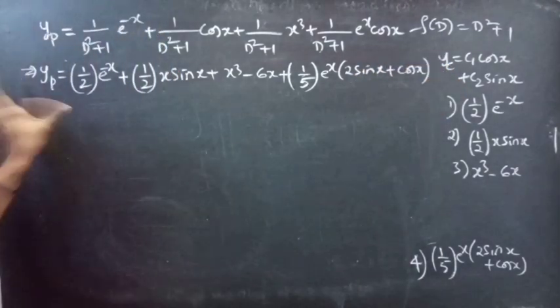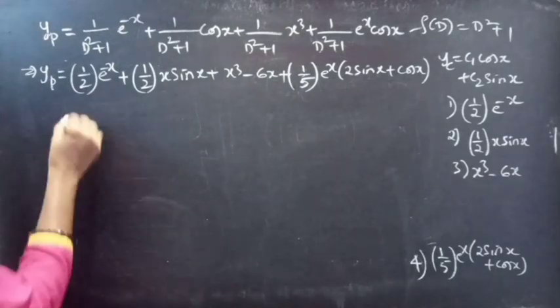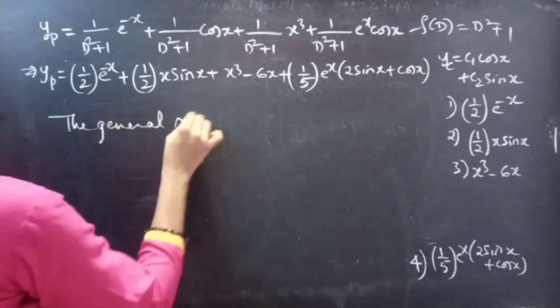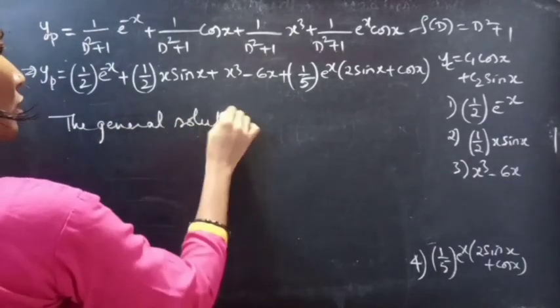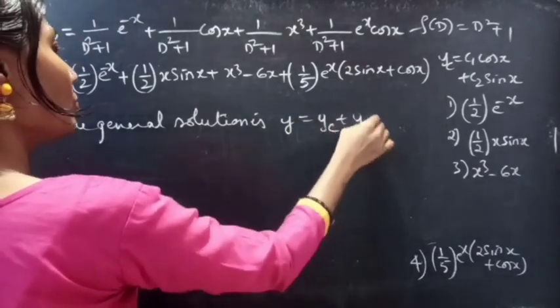So we got yp now and we are having yc also. So let's write the general solution. The general solution is given by y equals yc plus yp.